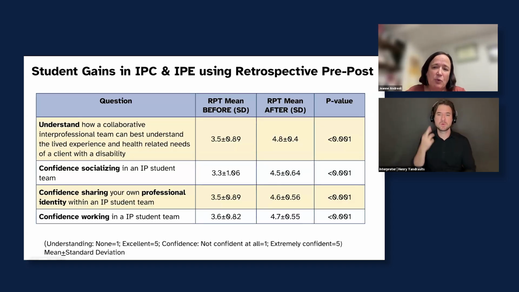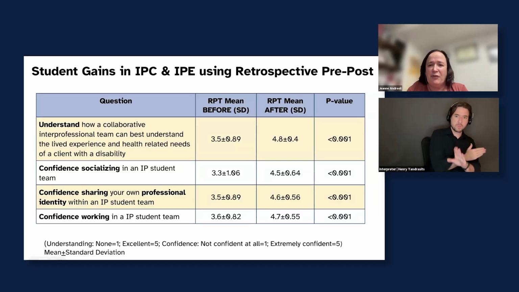And the reason why we moved to this sort of survey format is that the research has shown that there's some flaws in a traditional pre-post where it's hard for students to know what they don't know in that pre-test. And this is known as shift bias, that participants will use a different frame of understanding in those pre and post periods. And so the retrospective pre-post does address that shift bias.